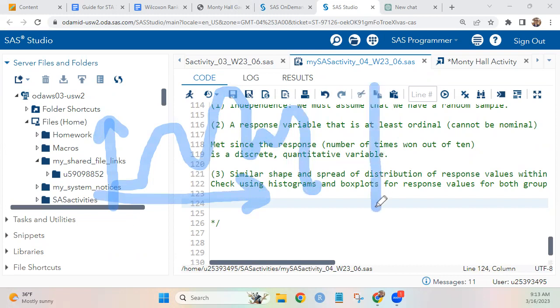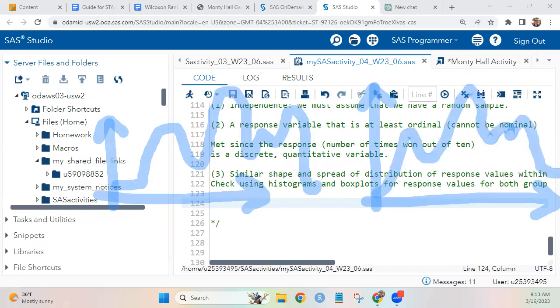But if the second group also has that weird shape, then the Wilcoxon rank sum test is valid.